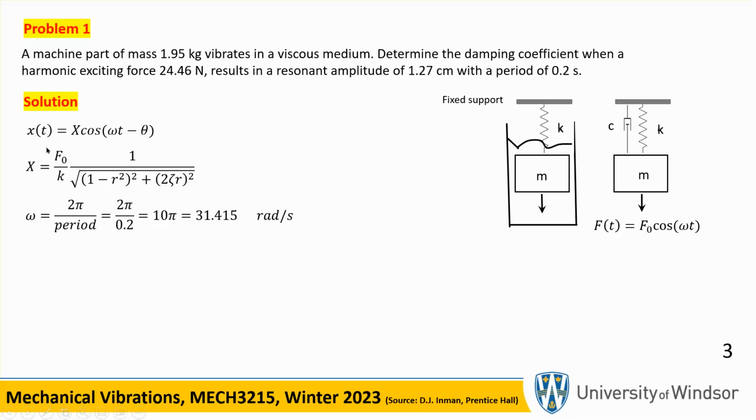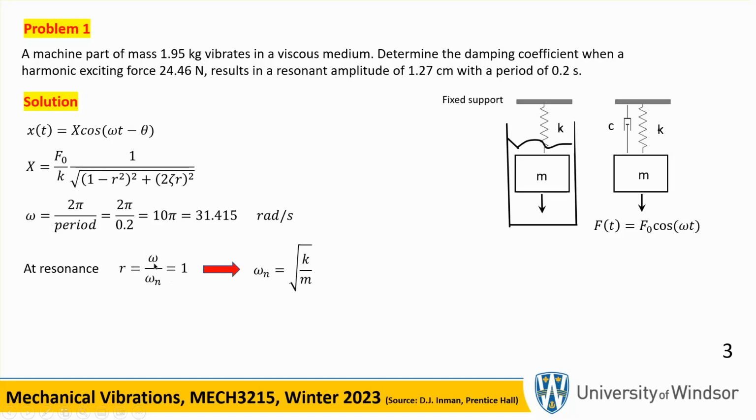Now, what do we know here? We know F naught. We know R, because at resonance, R is 1. We know big X. So at resonance R equals omega over omega n, that is 1.